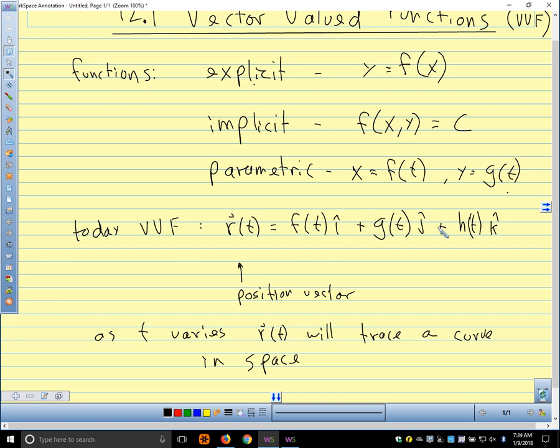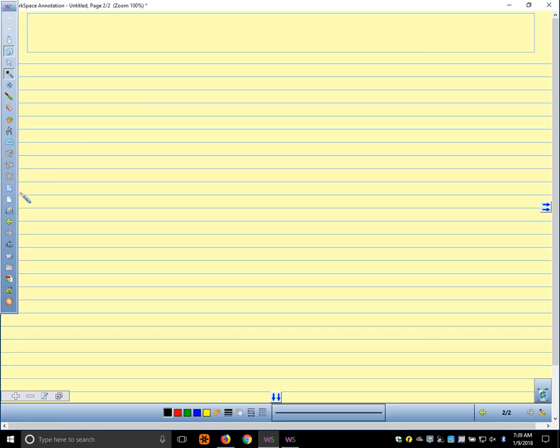So we get a vector that points to a position in space. t is going to vary. Here's our coordinate system, and I'll draw some vectors here, in blue. Let's say that's r of t1.